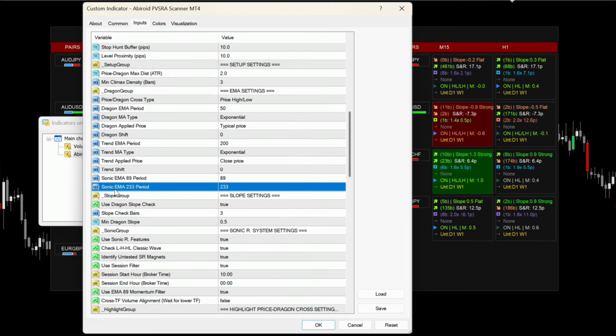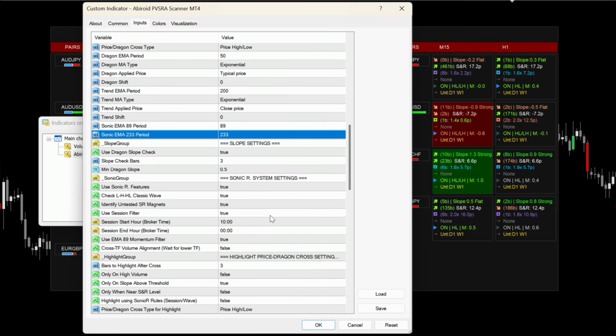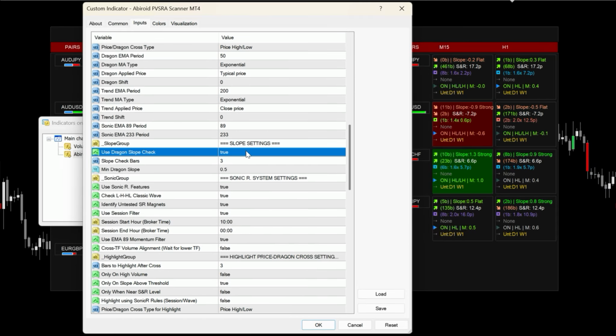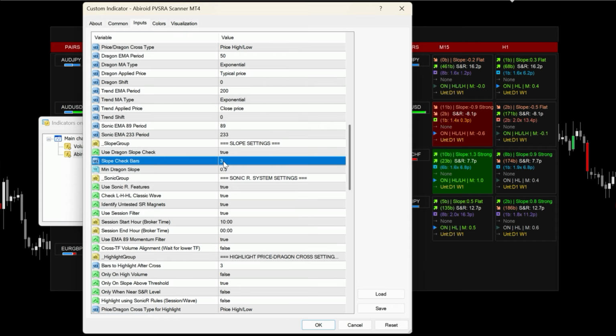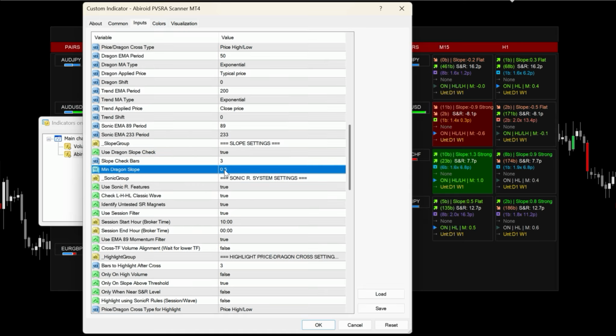So this one, which checks for momentum. And if you want the slope check to be on or off, you can set that over here, and it will check by default the past three bars and minimum slope. In order for it to consider that slope as not flat, it will be 0.5.